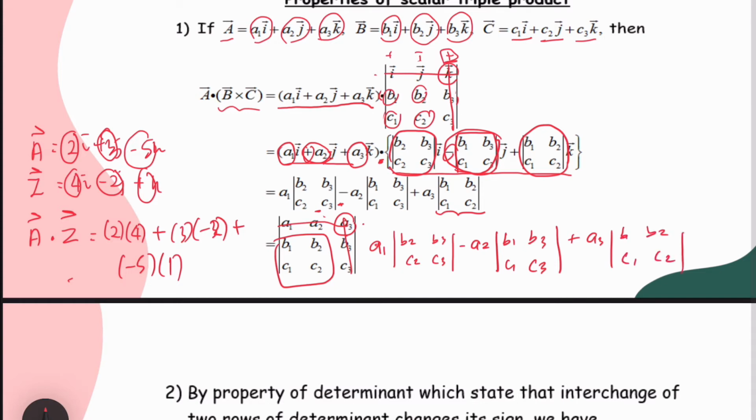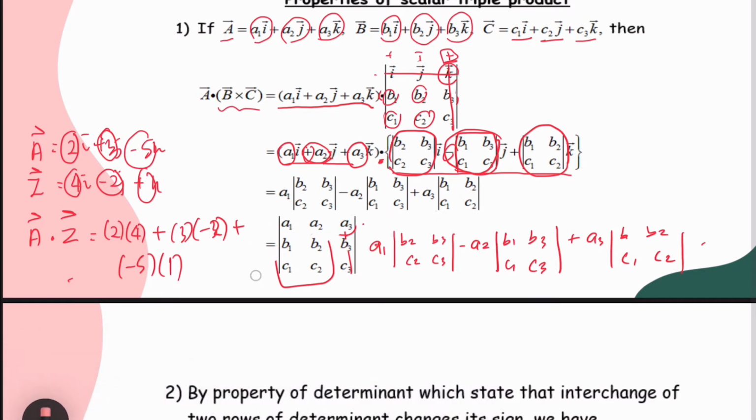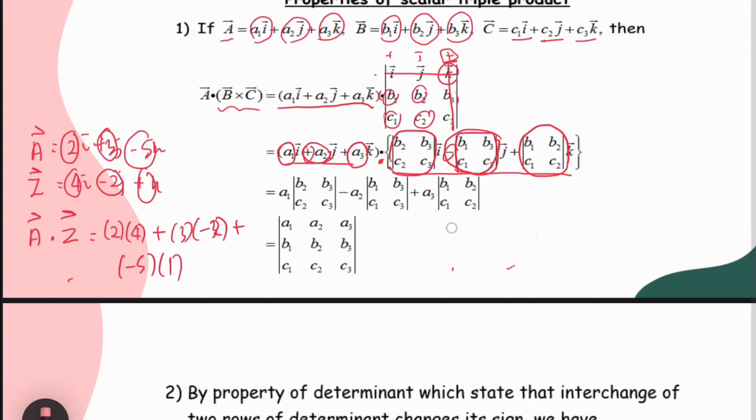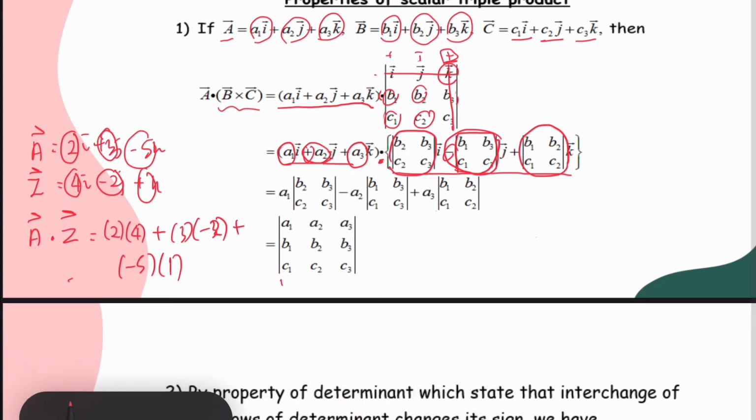So if you compare this one and this one, it is the same thing. It means that when we do a dot product of A and B cross C, we can write it as a determinant of A, B, and C, but you need to be careful with the row.